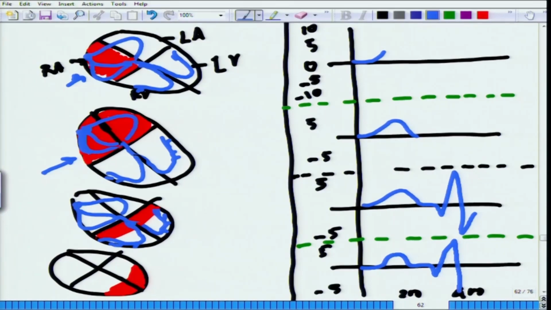This moves up, and then with a gap you see. So, this trace that you see is a characteristic ECG trace, and now we will give the nomenclature for it.